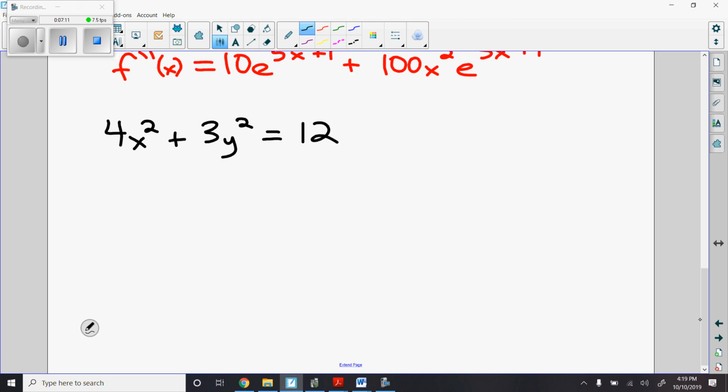So here's my problem. 4x squared plus 3y squared equals 12. And again, my goal is to find the second derivative. Because we're talking dy dx, it's going to be that different notation.